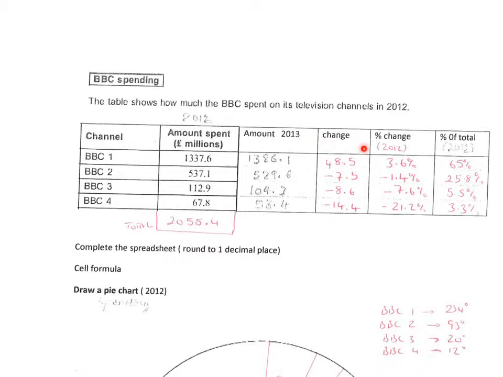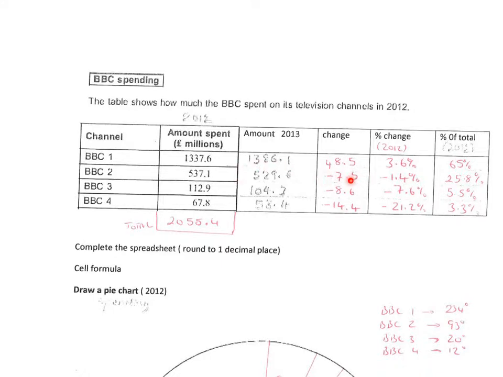To work out the change, you would look at the difference between these numbers. So you're taking them away from each other. If there's been an increase, it's a normal number, a positive number. If it's gone down in value, that's a negative number. The percentages, to work that out, the percentage change, you're doing the change divided by the first number, the one in this column, times by 100.